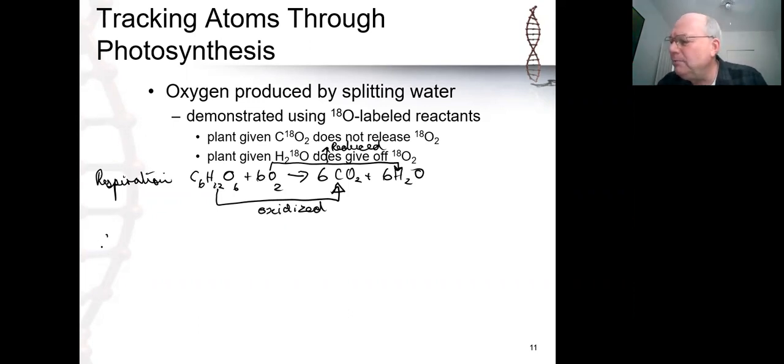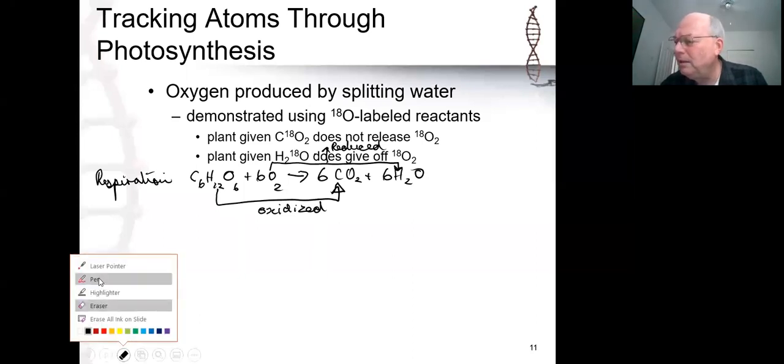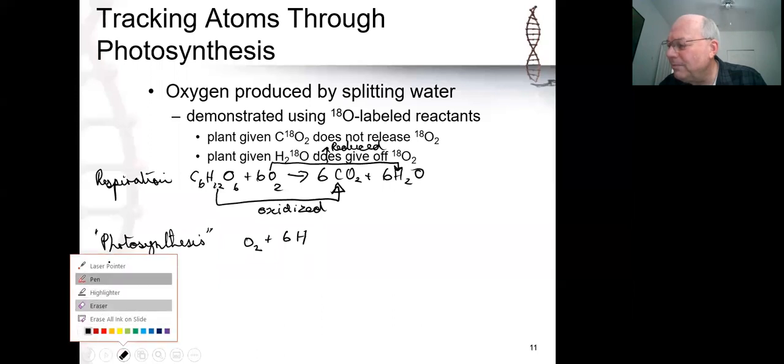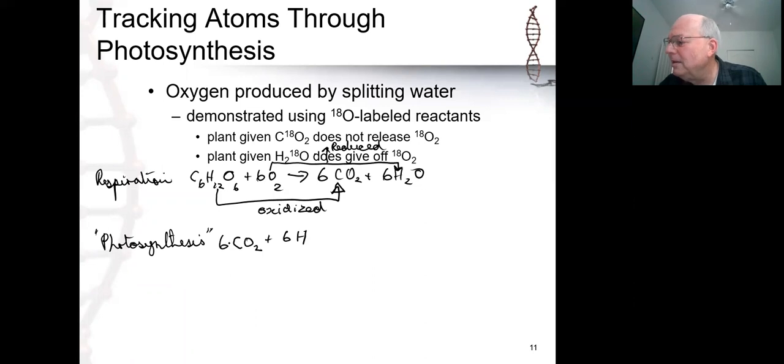If you've studied photosynthesis before, then you probably learnt the following equation. I'm going to put it in quotes because it turns out that this is not the correct equation. But you probably learnt it as 6CO2 plus 6H2O gives C6H12O6 plus 6O2.